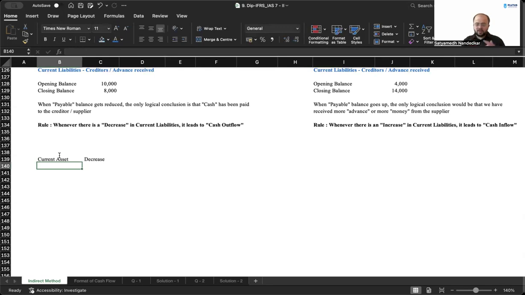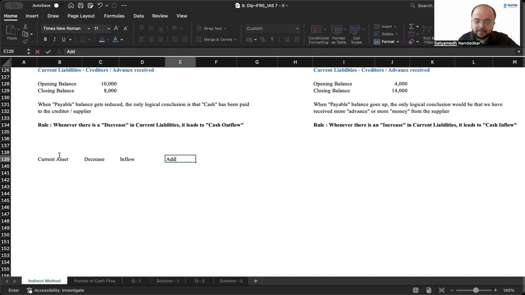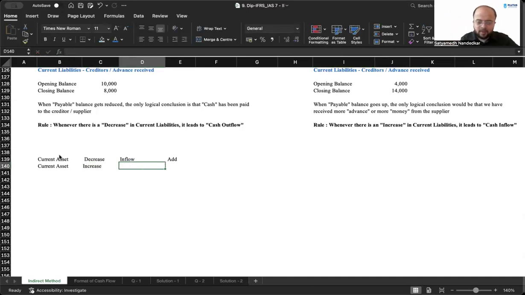Only logical conclusion is I must have sold the inventory and received cash. So current asset decrease, inflow, add. Current asset increase, naturally everything would be opposite. Outflow, deduct.